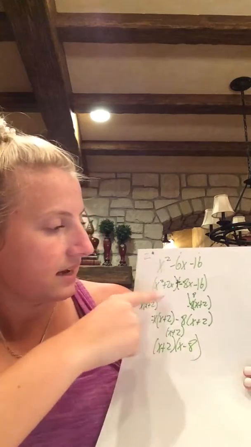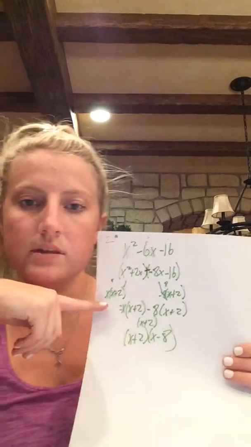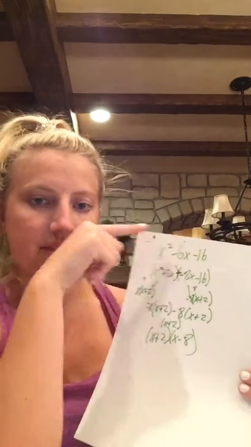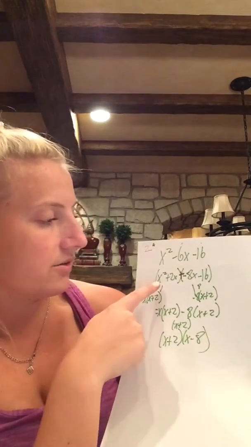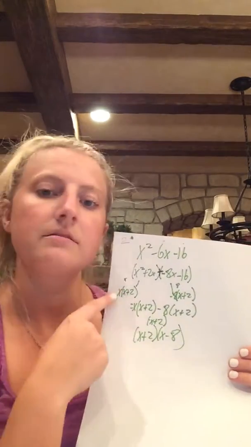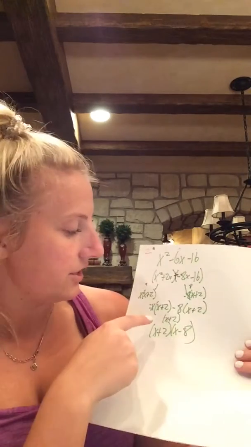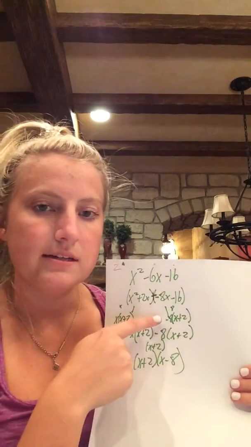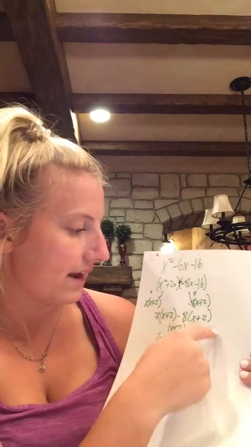And so I found a common term between these. The common term in the first group is x, so x on the outside, x plus 2, and then the common term over here was negative 8, so I pulled that out in front.